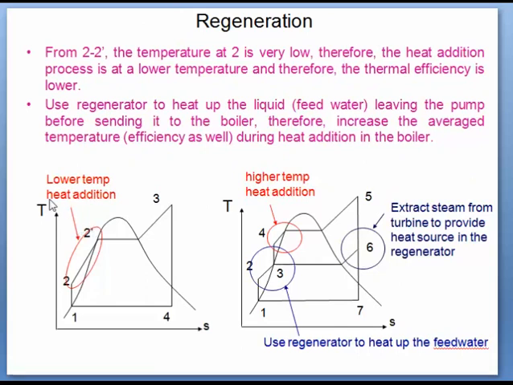You can see from this figure of the simple Rankine cycle that from 2 to 2 dash, the temperature at 2 is very low, hence the mean temperature of heat addition is also low, which results in lower thermal efficiency. So the solution to this problem is to increase the temperature of the feed water.